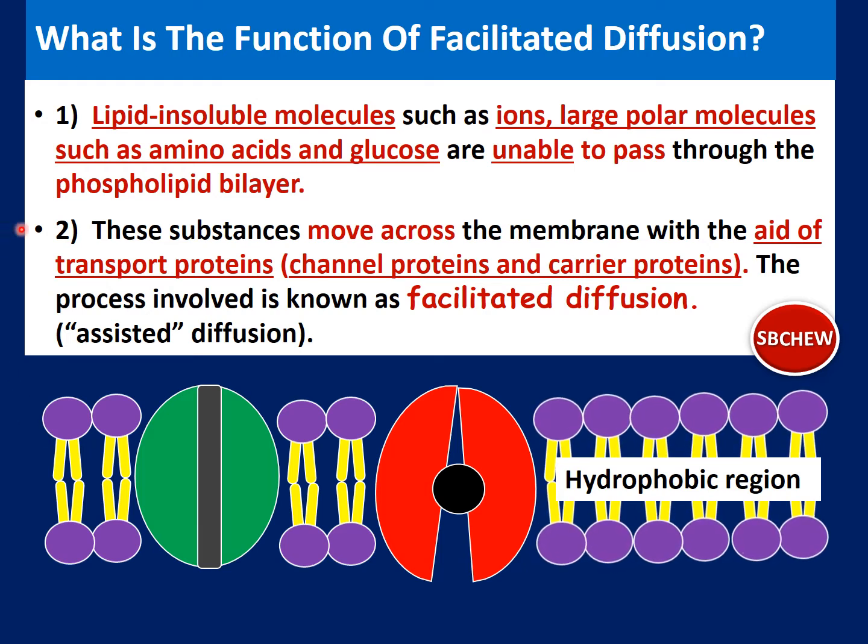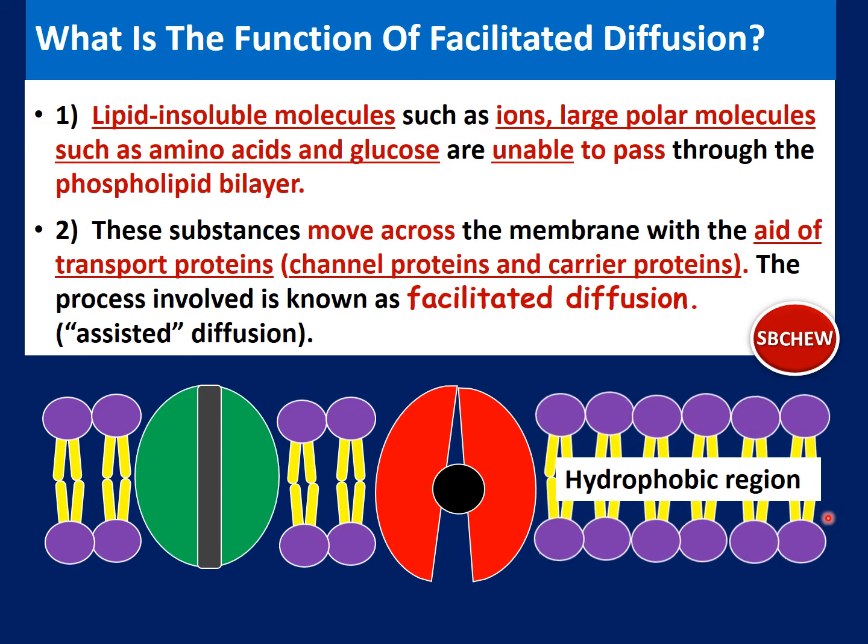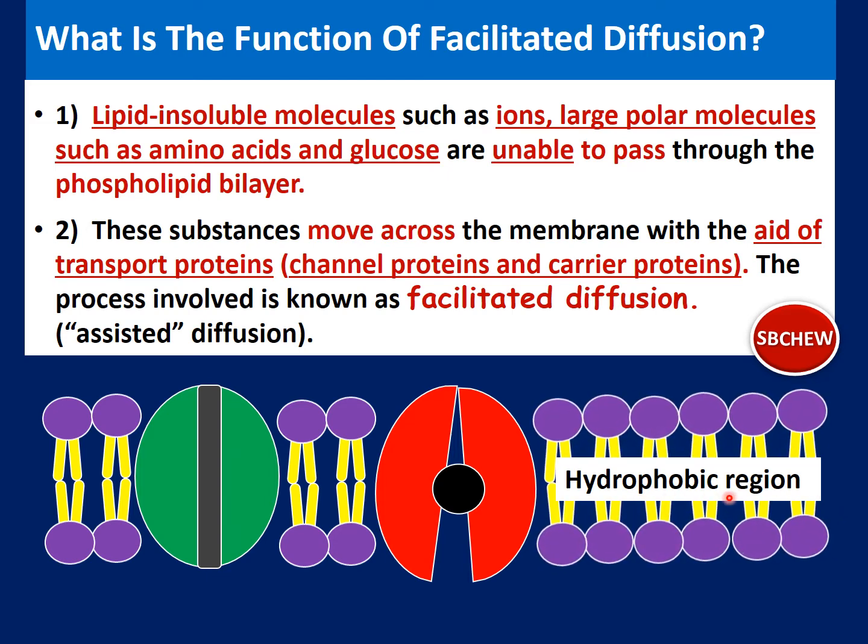What is the function of facilitated diffusion? Well, there are certain molecules that cannot pass through the hydrophobic region of the phospholipid bilayer. This hydrophobic region contains the hydrophobic tails of the phospholipid molecules, and it is non-polar.